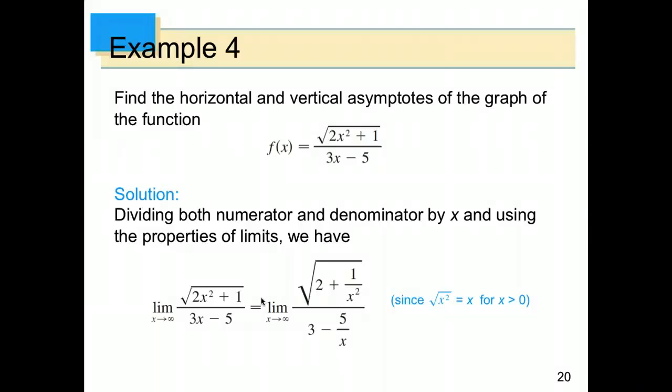And now remember, since radical x squared is equal to x for x bigger than 0, and since we're finding that limit as x goes to infinity, we can use the fact that radical x squared is just x. So we end up with the limit of radical 2 plus 1 over x squared in the numerator and 3 minus 5 over x.